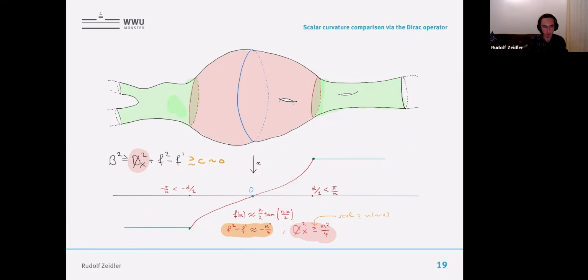And the more scalar curvature lower bound I have, or the more time I have, I can let this potential grow higher. And in the end, whatever I achieve must be compensated in the negative way by the scalar curvature, and that's what gives me the result. All right, that's the proof sketch here.